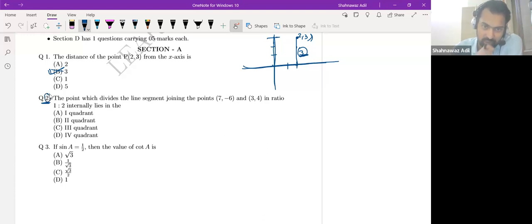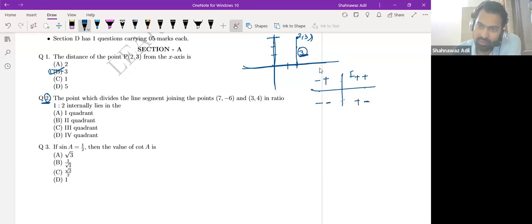So this was correct. But some of you made a little mistake in this question. In this question you have to write which quadrant your answer lies in, right? If your answer is plus plus, then obviously this is the first quadrant. Let's say this is x minus and y plus, this is x minus and y minus, and this is x plus and y minus.